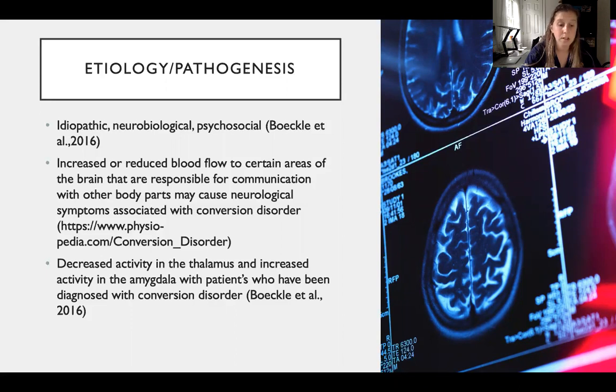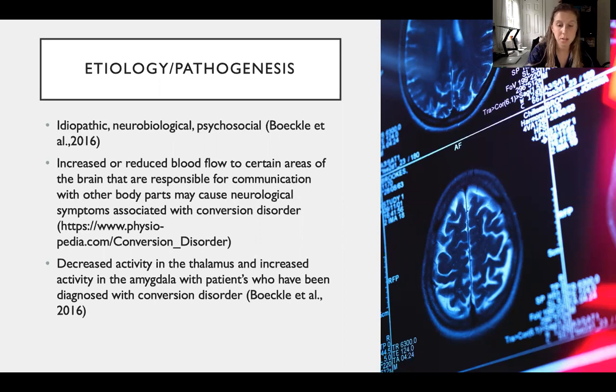I found a meta-analysis done by Bokel, if I'm saying that correctly, of neuroimaging studies on motor conversion disorders, and found through brain imaging that there was a common theme of increased or reduced blood flow to certain areas of the brain, and concluded that this may be the cause of neurological symptoms associated with conversion.